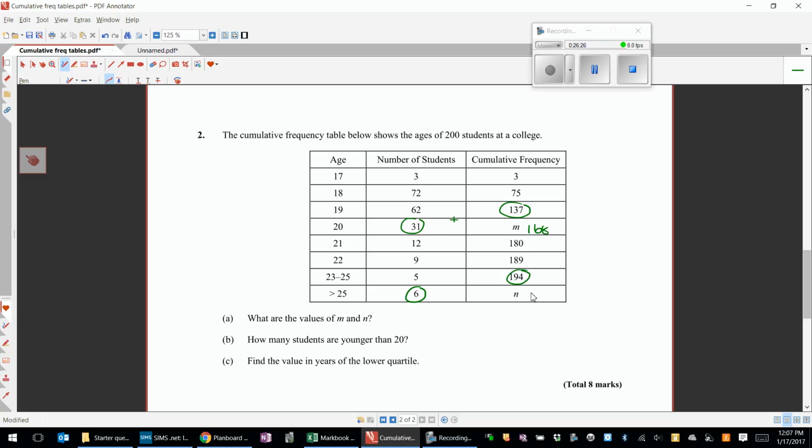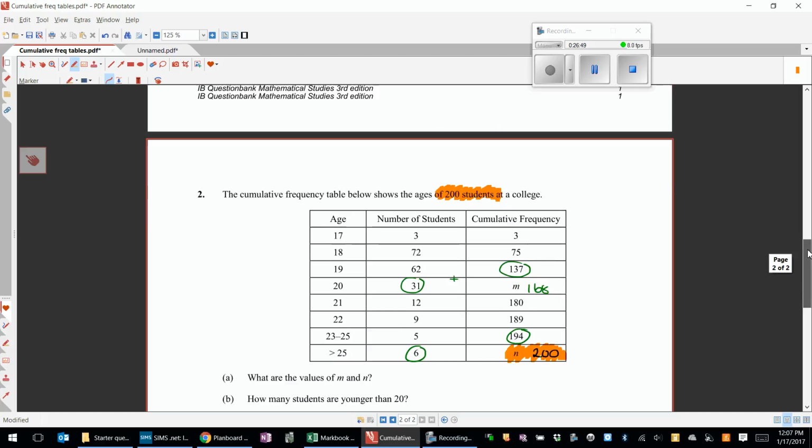Now, what we should have, and same with the other one, another check for you is this number should be the same as the number of students in the college. So if you didn't get that, okay, the final one should be the same. Did we get the same up there?